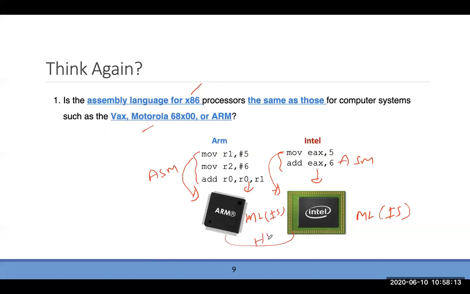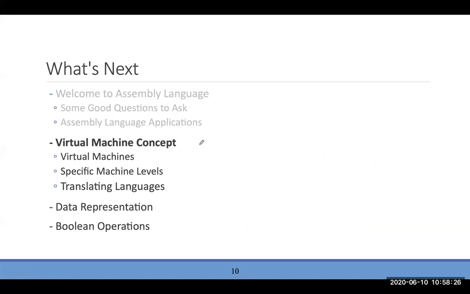So again, we said, is assembly language a portable program? It's not portable because it's translated to a specific machine. So with that, hopefully now you understand where assembly language actually fits in terms of high level and low level. You need to understand that machine language is mainly for hardware.